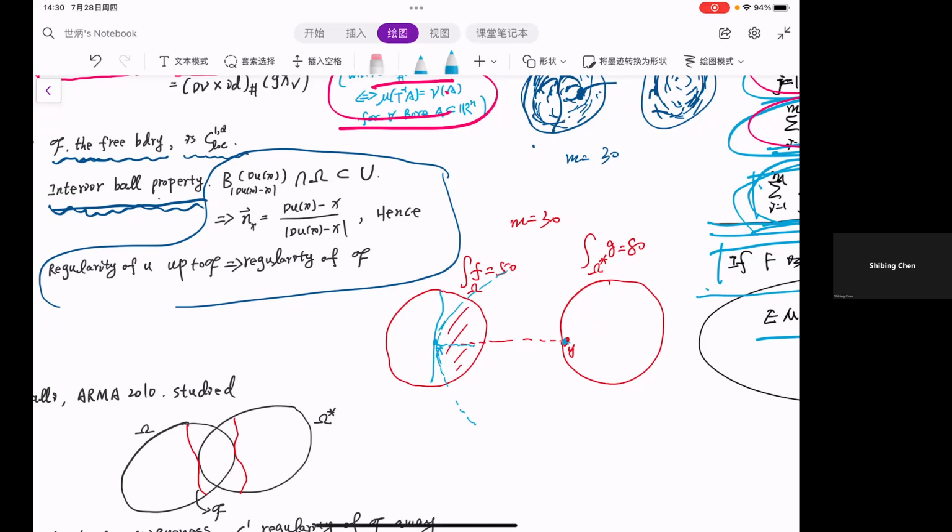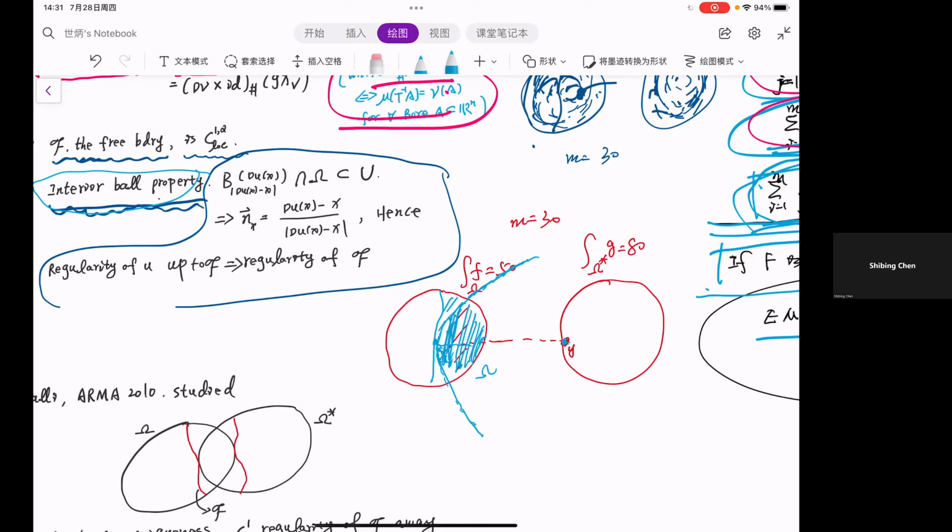Then the interior ball property is very easy to understand. It means the intersection of this ball centered at y, with radius the distance between x and y, and the domain omega, this shadow part, all the mass in this shadow part will participate in the transportation.